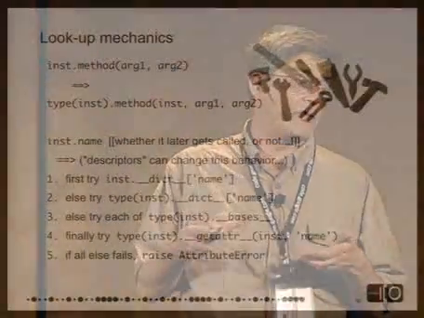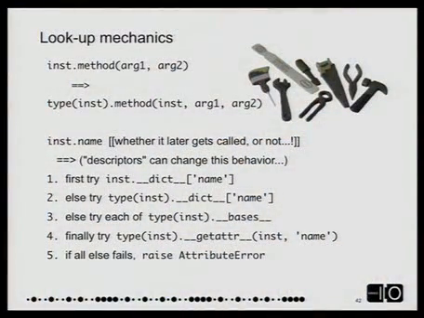If it's not there, then we try the same thing for the type, that is the class. Type and class are more or less synonyms in Python, except class is a keyword and type is a normal identifier. If it's not there, then we try exactly the same thing along all the bases. The base classes are recorded as one of the attributes of the type as part of the class statement.